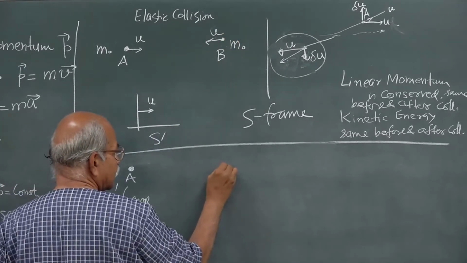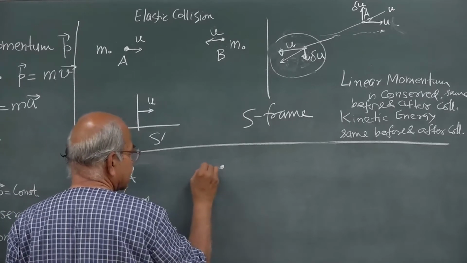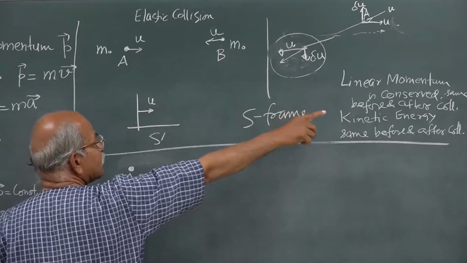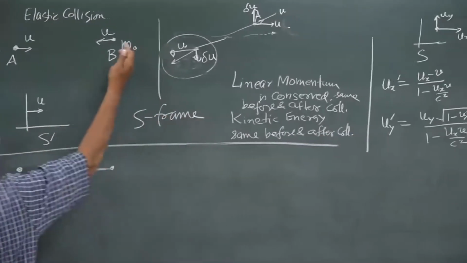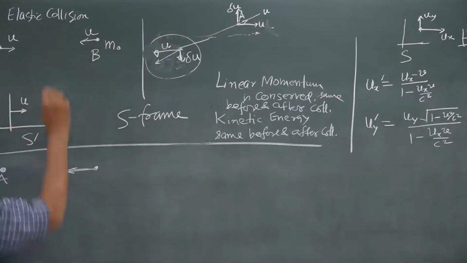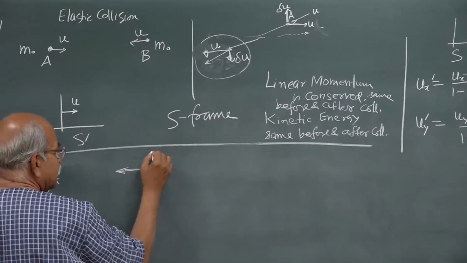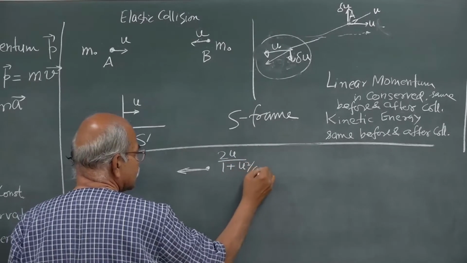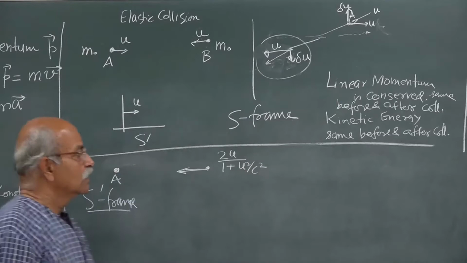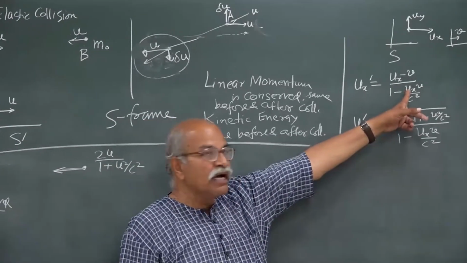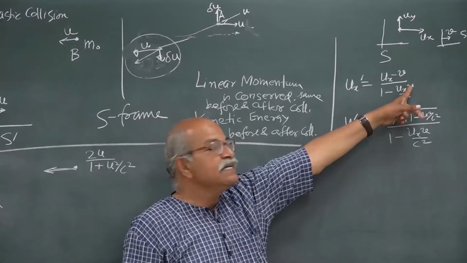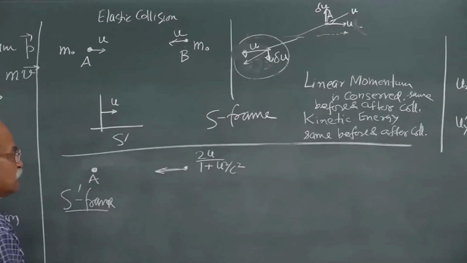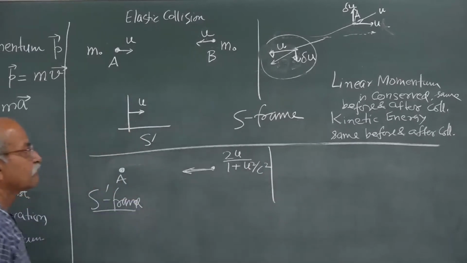It is coming in this direction, and when you use this equation, your ux is now minus u and v is u, so the speed will be 2u by 1 plus u squared by c squared. This is before the collision.